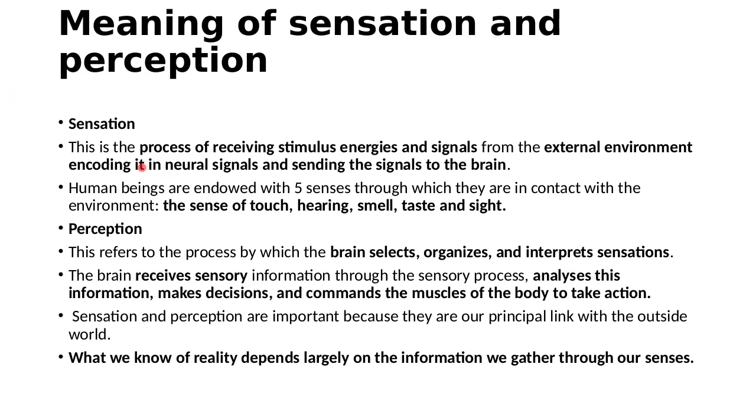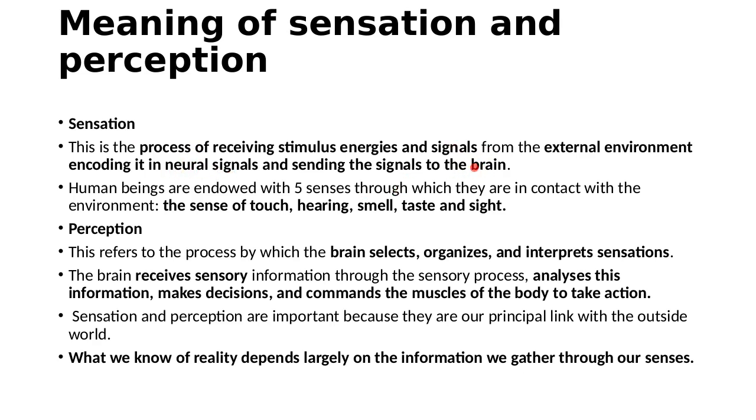Sensation is the process of receiving stimulus, energies, and signals from the external environment, encoding them in neural signals and sending the signals to the brain. The stimuli are sent to the brain through neurons. The other name of nerves is neurons. This information is in the form of signals.